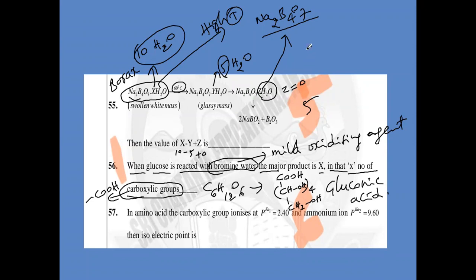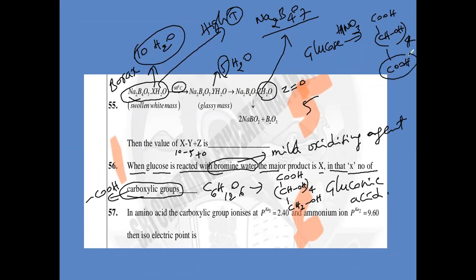Suppose you take glucose in the presence of HNO3. HNO3 means a strong oxidizing agent. In the presence of a strong oxidizing agent, the top COOH will be there, the middle CHOH taken 4 times, and at the bottom also COOH will form.